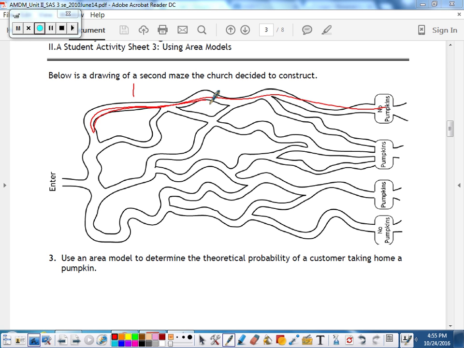It can go through here, that's 2. It can go through here, that's 3. And then it can go through here, that's 4. And then finally it can also go through here, that's 5. So path 1 could go to 5 different places.